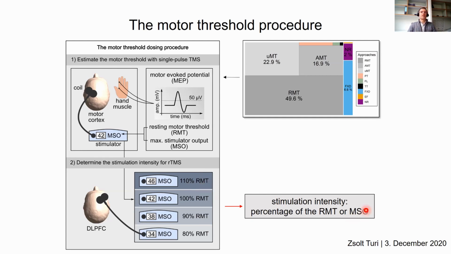Or if we are lucky, we might also associate this number to the maximum stimulator output, maybe you provide a table where you have the individualized intensities according to the maximum stimulator output percentages. But the thing is that here we determine the stimulation intensity not based on the produced electric field strength, but on the motor threshold or the stimulator's output percentage.